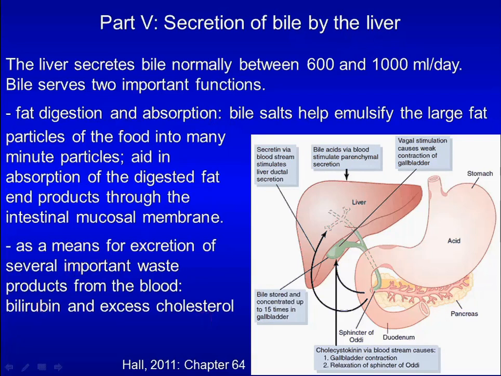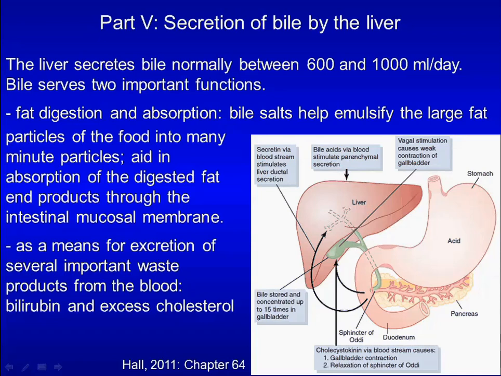Here is a structure of liver and gallbladder. Bile is secreted by the liver in two stages. The initial portion is secreted by hepatocytes into minute bile canaliculi. In the second stage, the bile flows from canaliculi to bile ducts.